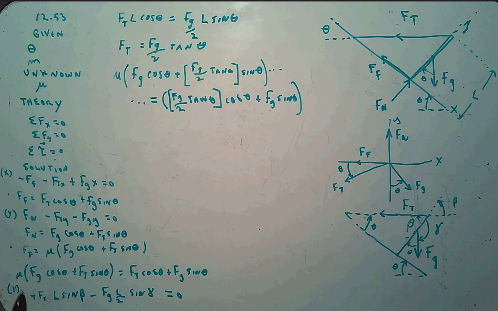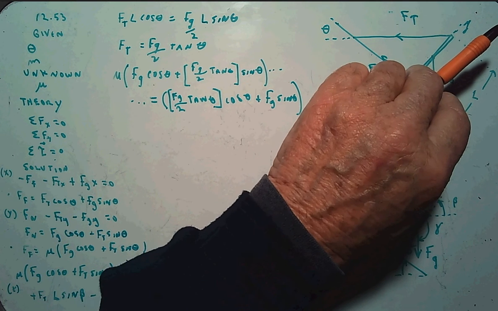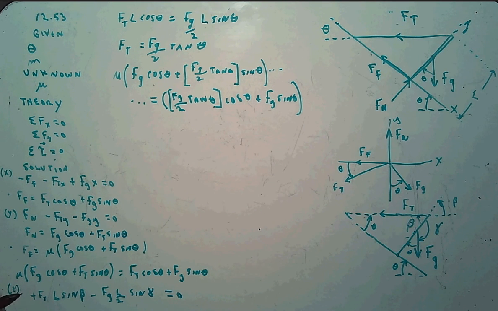To do that, I've got to sum the torque. So this is the torque equation right here, okay? We get a torque produced by Ft by rotating the length of the pole, that vector, into Ft. Down here is probably the best place to look at that because I got the angles labeled.